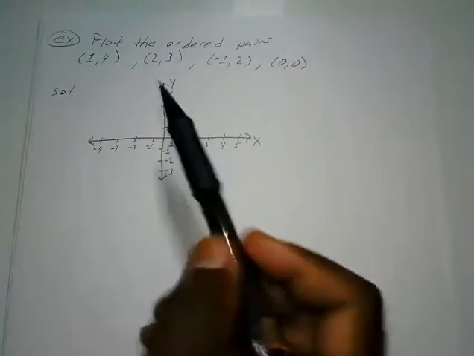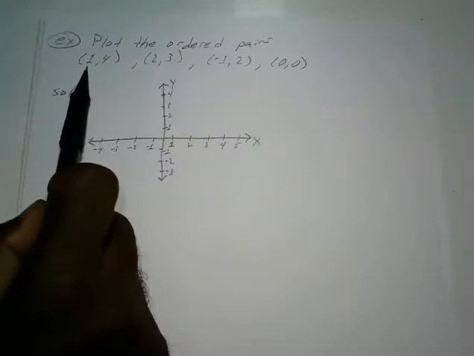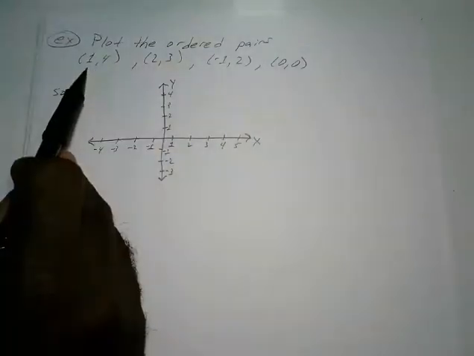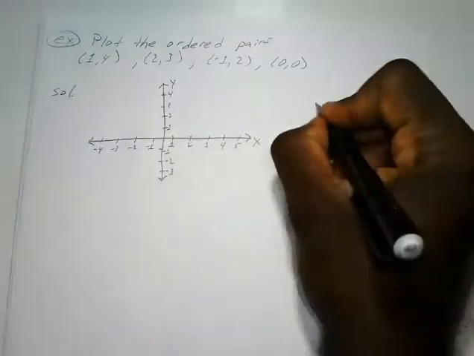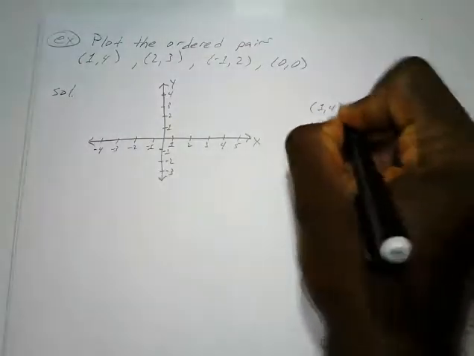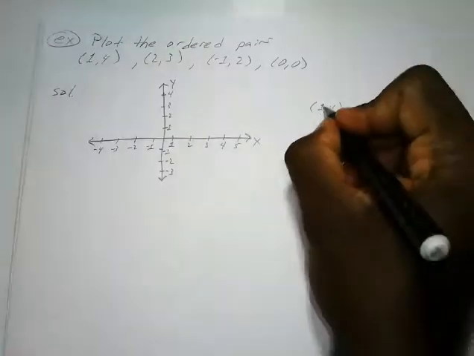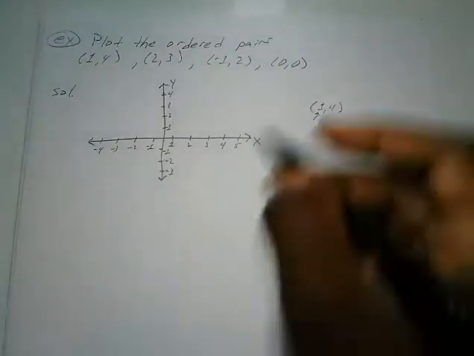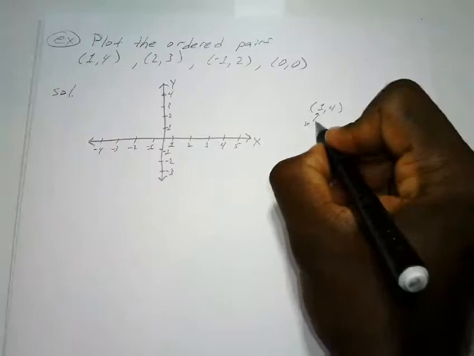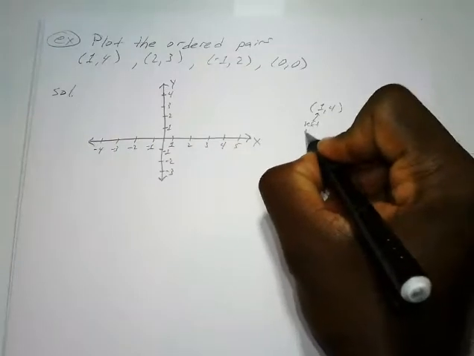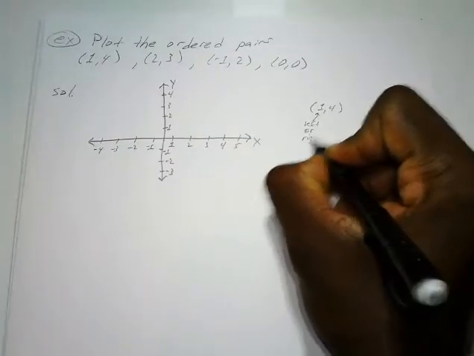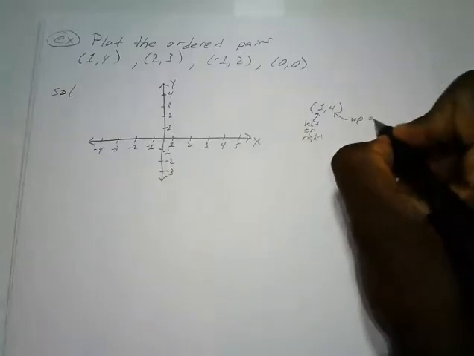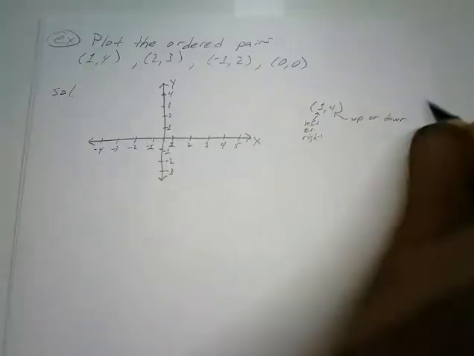All right, so now we're going to plot our 1, 4 point. Okay, so remember, for 1, 4, the x value tells us left to right. And the y value tells us up or down.